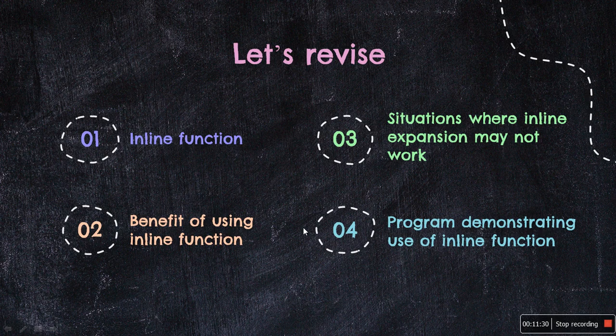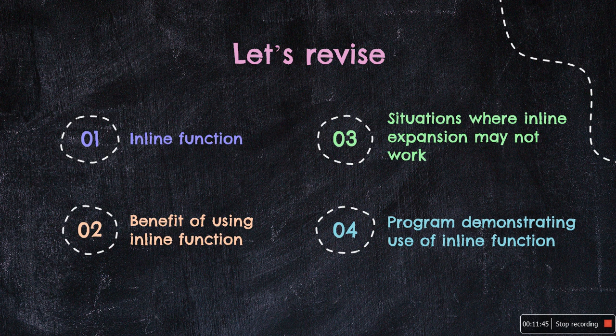So I hope you have understood what an inline function is and what the benefit of using an inline function is. It is just that you save time, the CPU time, and there are situations where inline expansion may not work.